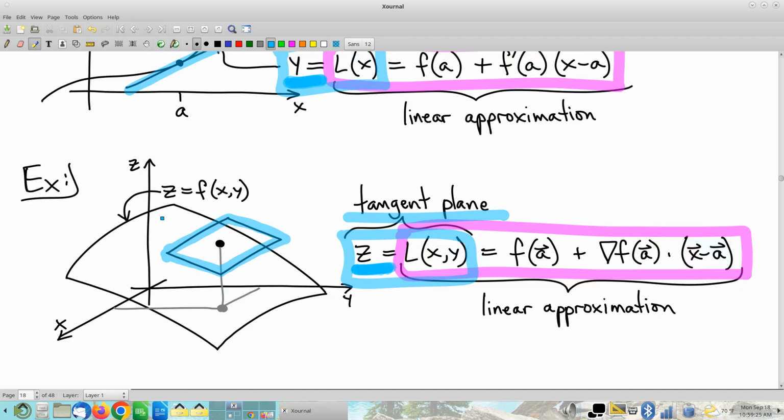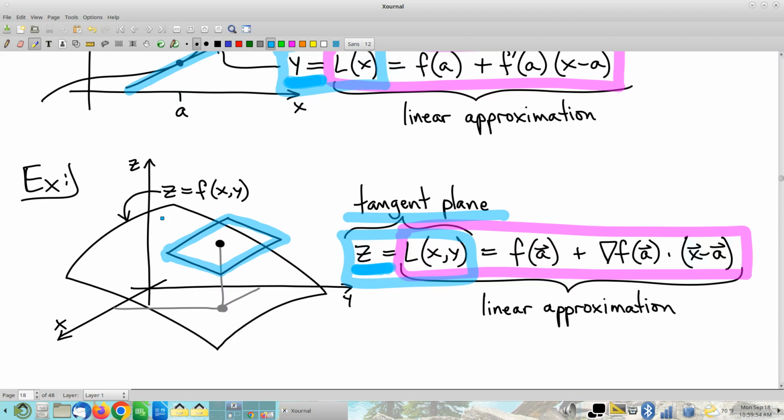Everybody buy it? One way to think about that geometrically, by the way, is how would I convince you that this plane, this graph of the linear approximation, is tangent? Well, keep in mind, we already know that this linear approximation function has all the same partial derivatives. In a graph context, partial derivatives means slopes of cross sections.